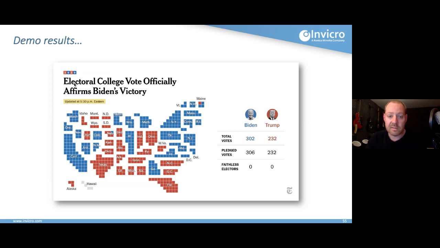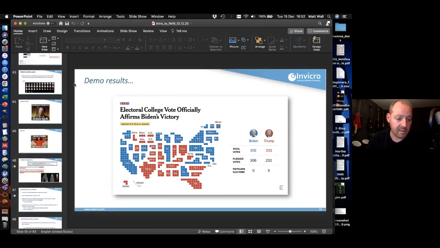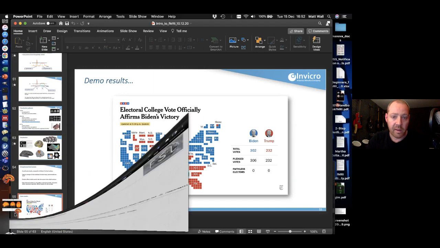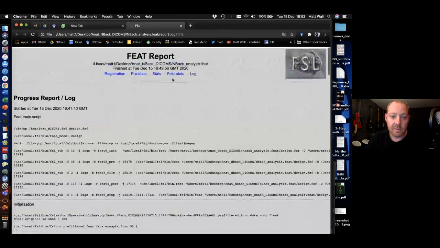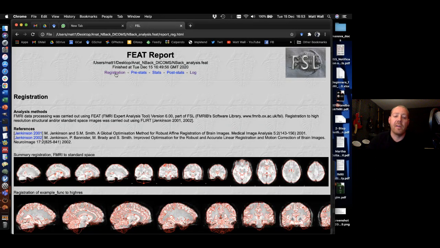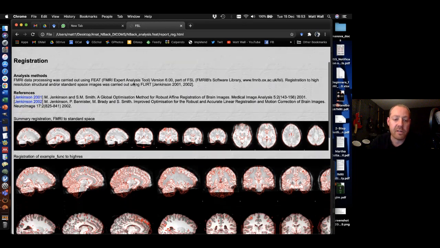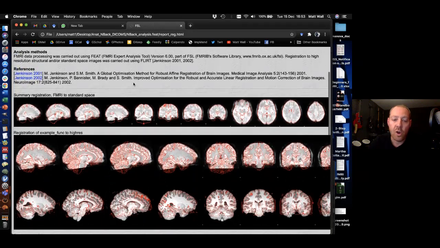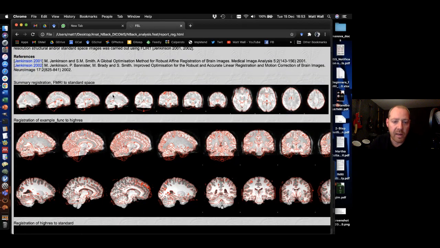So let's go and see if the demo has finished. I hope it has. Oh, looks like it has. So we've got several tabs here. So the first tab, even though it wasn't the first tab in the feat tool, confusingly, the first tab is always registration. So what this is showing, on the top row here, we get a summary image of the functional data in the grey colour and the standard template in the red.